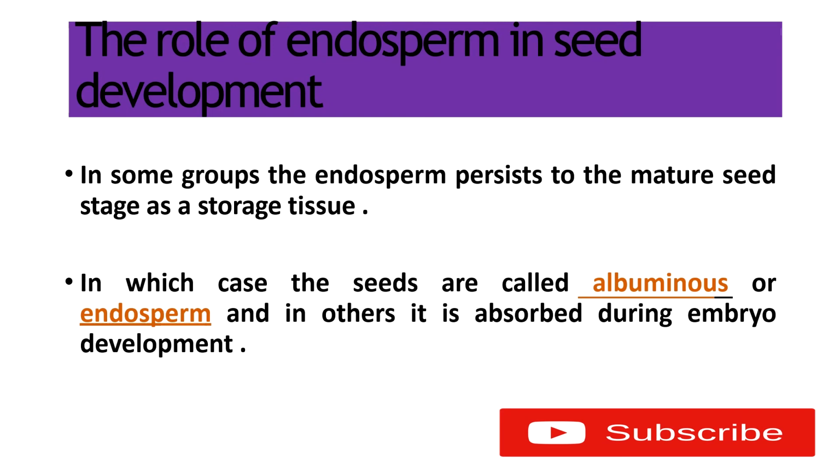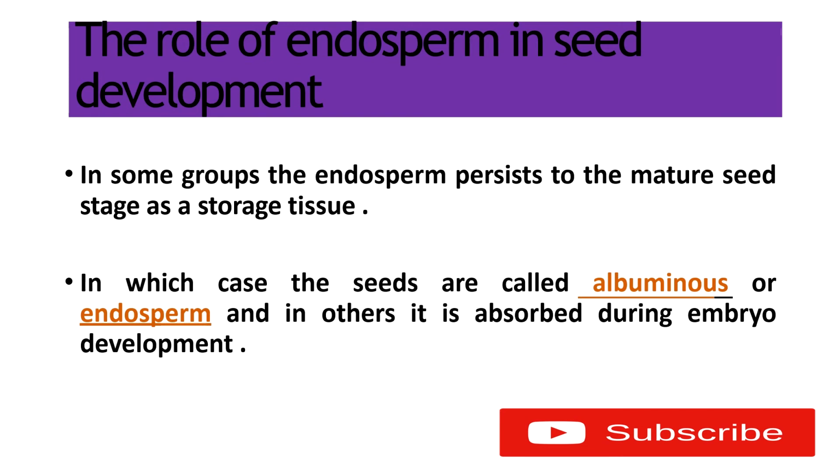In some other cases, the endosperm persists to the mature seed as a storage tissue. Such seeds are called albuminous seeds. So there are two kinds, albuminous and ex-albuminous.